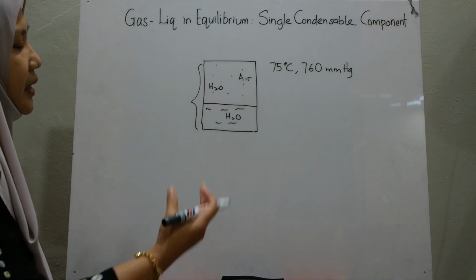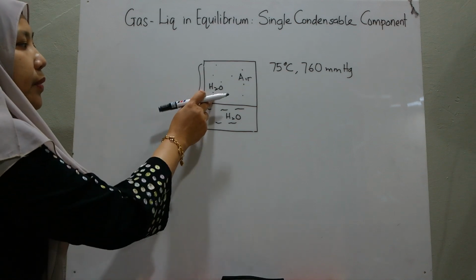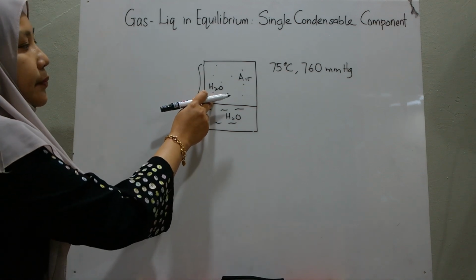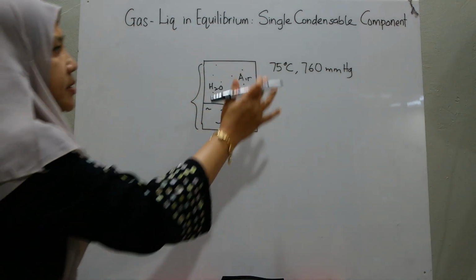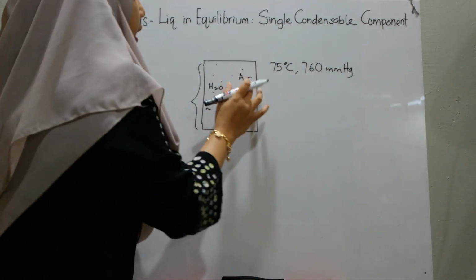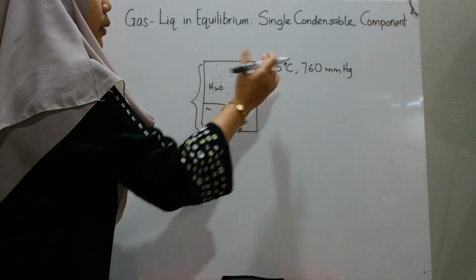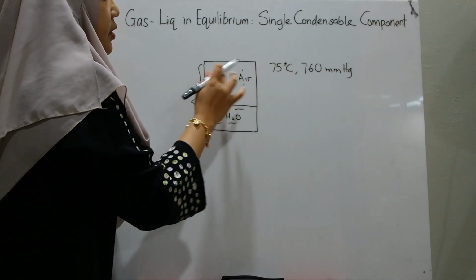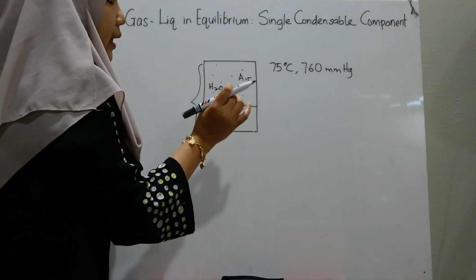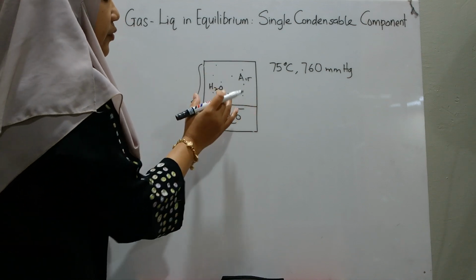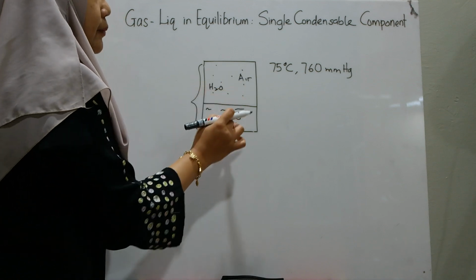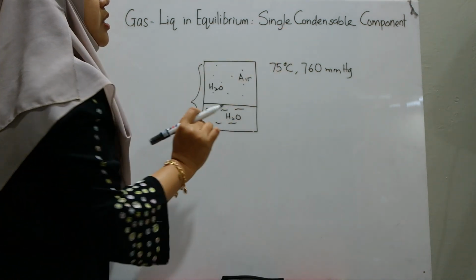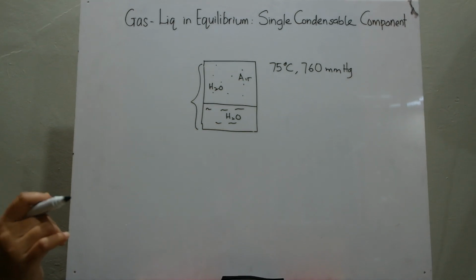The one that will become condensate is water. So in this system, at gas liquid equilibrium, with air and water, when temperature is being reduced, this water vapor will become condensate. That is what we call single condensable component.